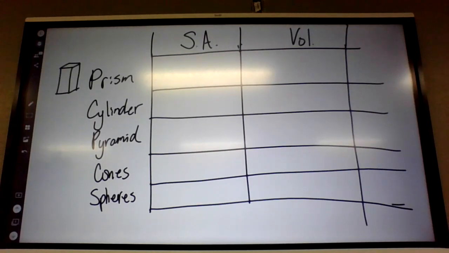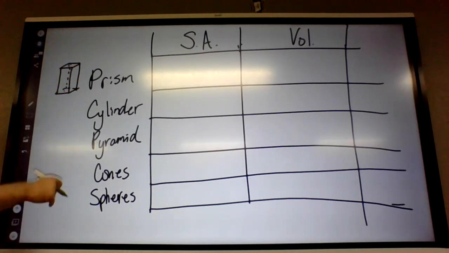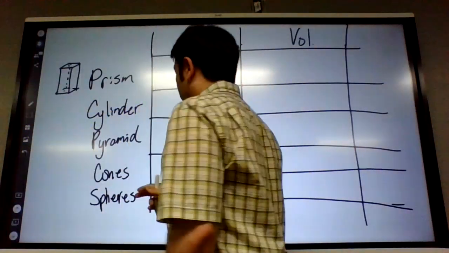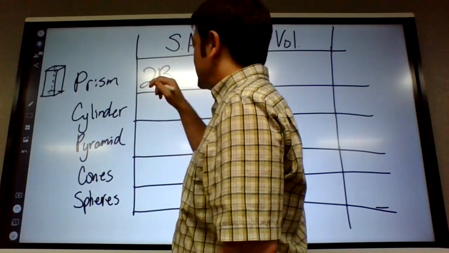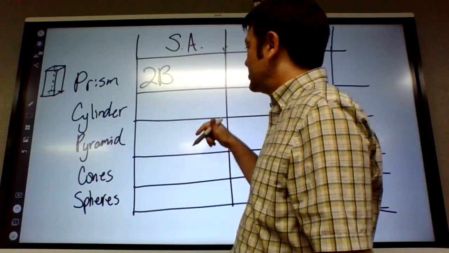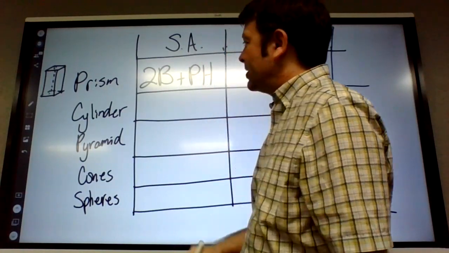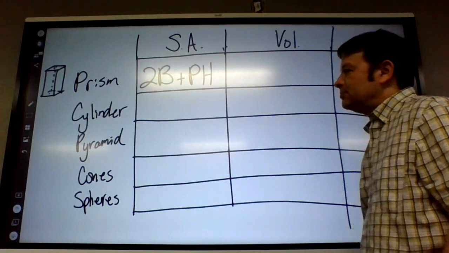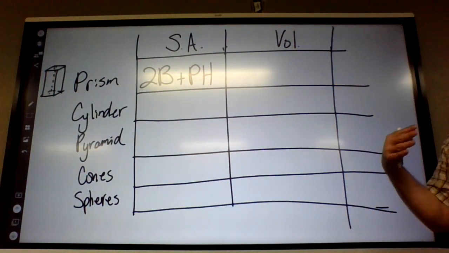A prism has two parallel congruent bases, and they're connected with straight edges. There's different kinds, but for all prisms you can do 2 times the base area, because there are 2 base areas, plus perimeter of the base times the height of the prism. Basically, surface area means all the sides added together.